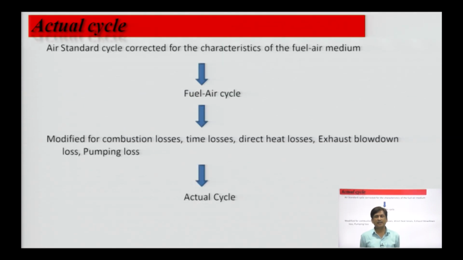So, for the actual cycle, we see from this slide that the actual cycle is derived from the air standard cycle. The air standard cycle has the maximum output and maximum efficiency. Here, in an air standard cycle, we take constant specific heat, no dissociation, and the working substance undergoes no chemical changes in composition during the cycle.